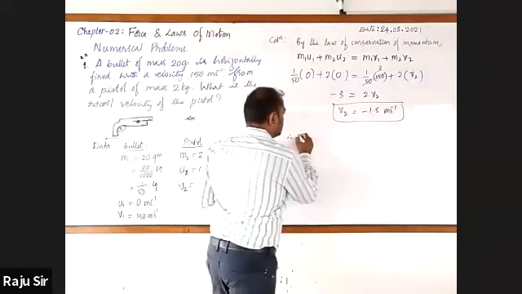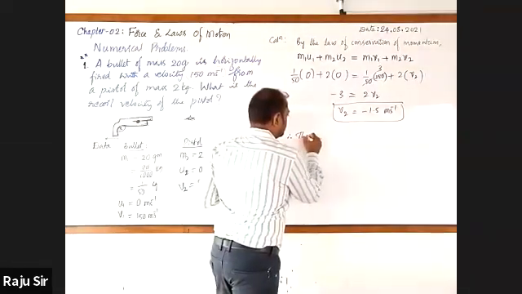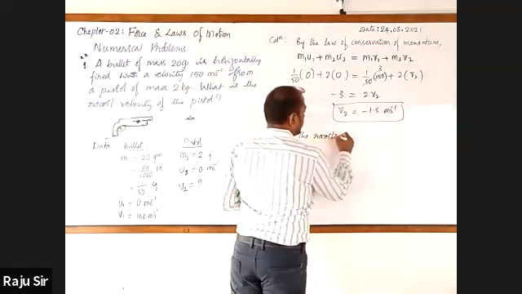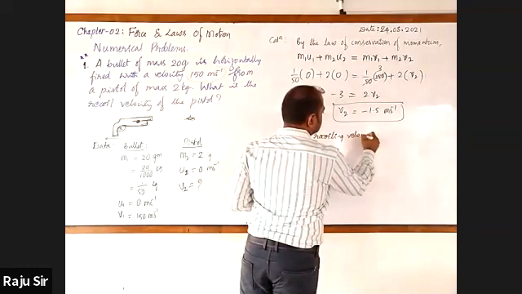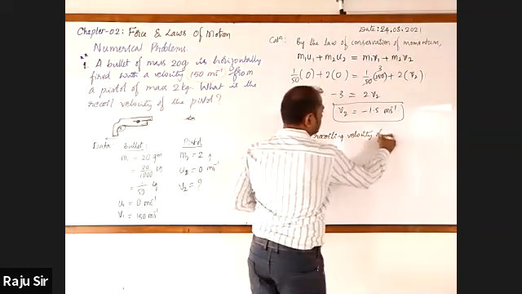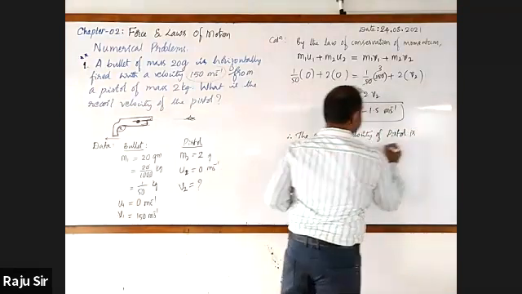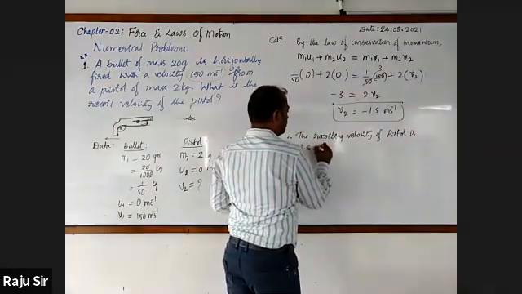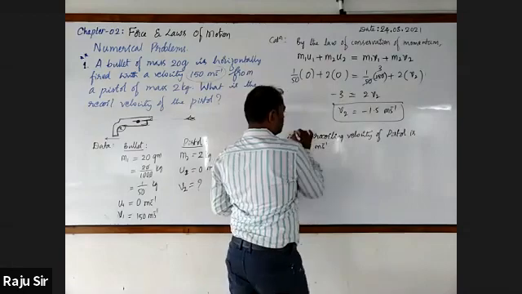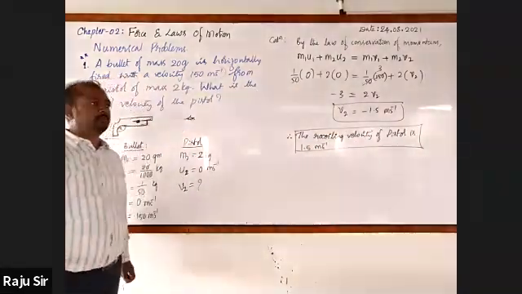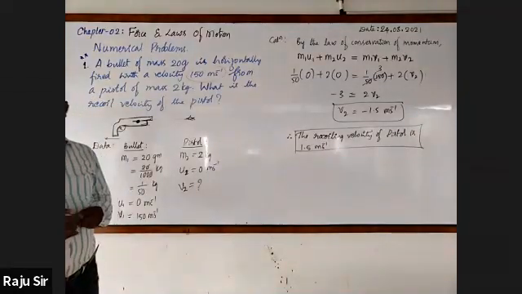Then write the conclusion. Therefore, the recoiling velocity of the pistol is 1.5 meter per second.